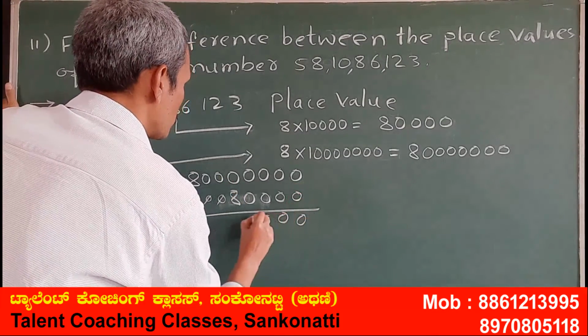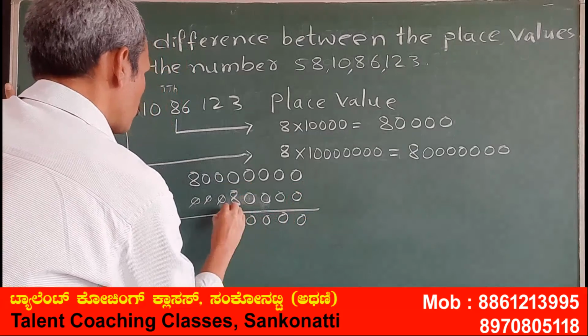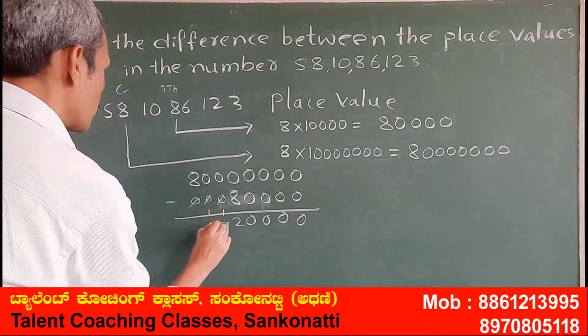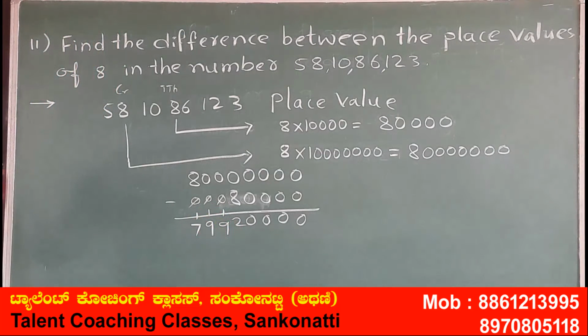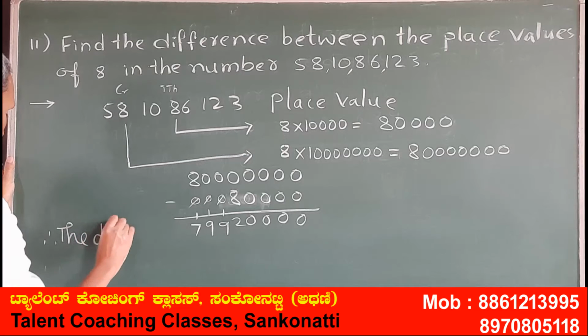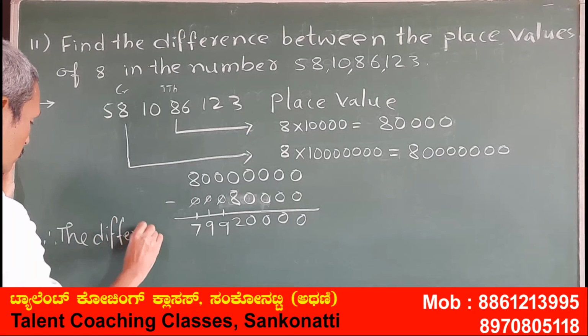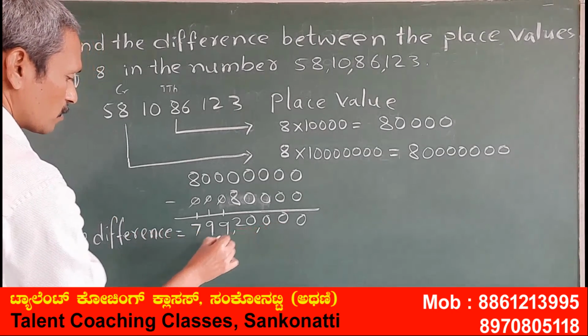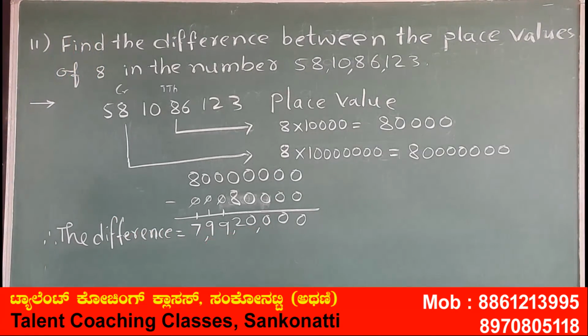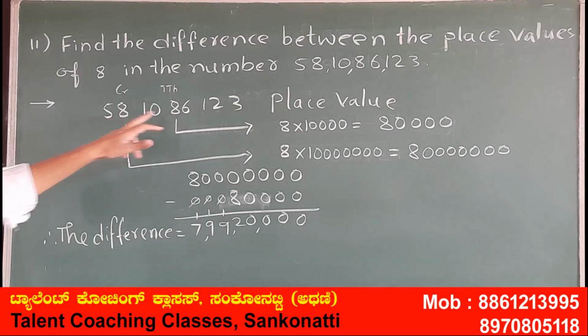This is 2, this one is 9, this one is 9, this one is 7. So this one is the difference. Therefore, the difference is 7 crore 99 lakh 20,000, the difference of the place values of these two 8s in this given number.